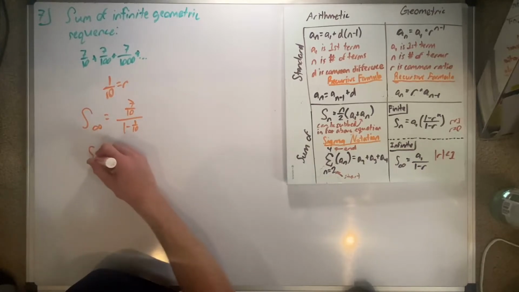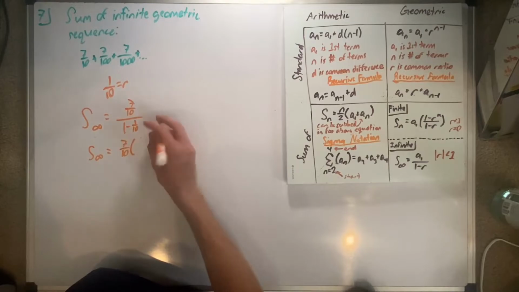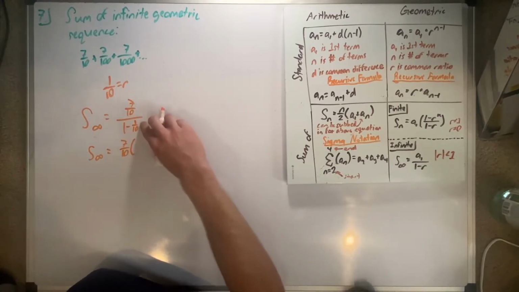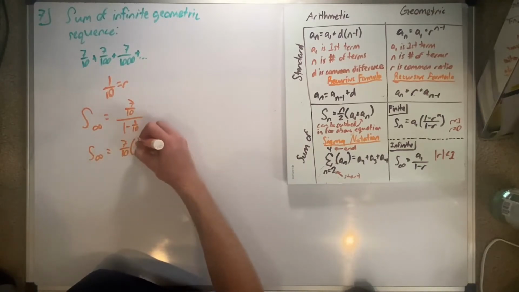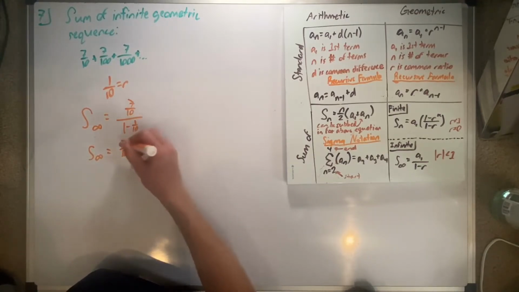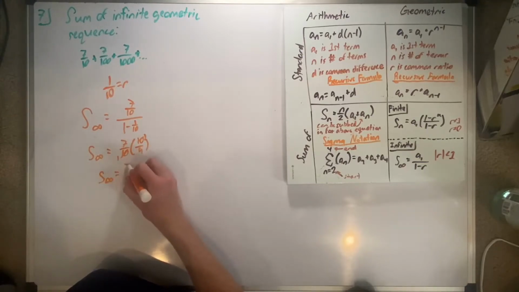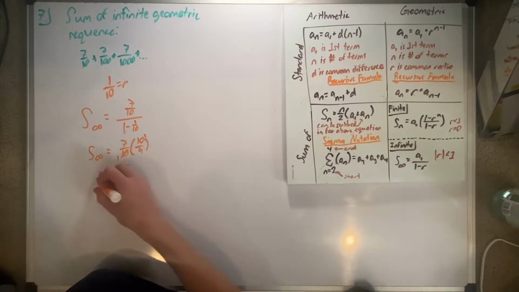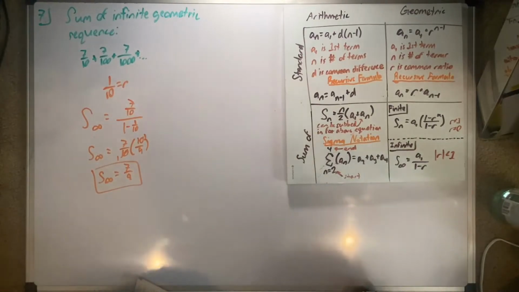So S infinity is equal to 7 over 10 times the reciprocal of 1 minus 1 over 10. 1 minus 1 over 10 is 9 over 10, so this would be 10 over 9. These two 10s cancel out. So then we get S infinity is equal to 7 over 9. So that's what the sum of that infinite geometric sequence is equal to. Okay?